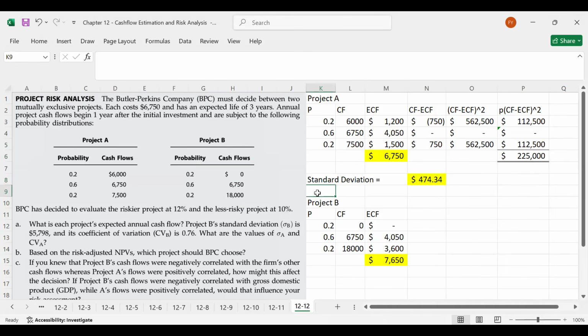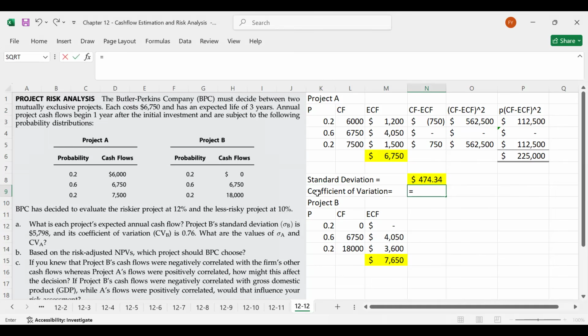And next one is coefficient of variation, and the formula is coefficient of variation equals standard deviation divided by expected return.